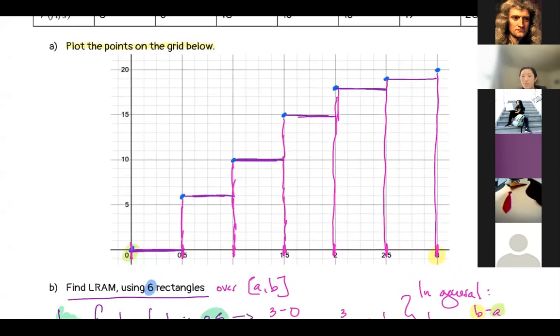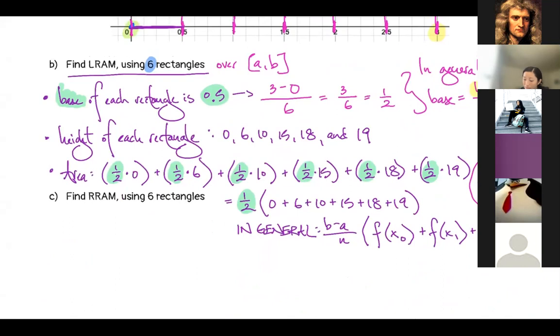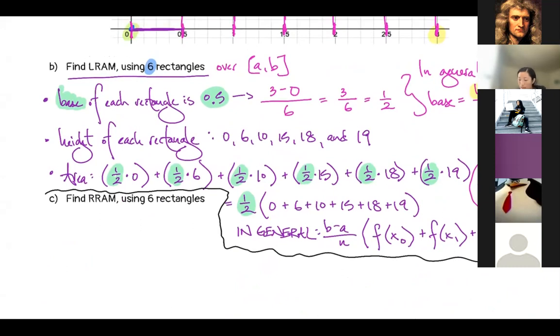All right, well, we'll have a chance to practice this reasoning again when we look at the right rectangular approximation. Okay, so the only difference between B and C is that now I'm asking us to use the right rectangular approximation.